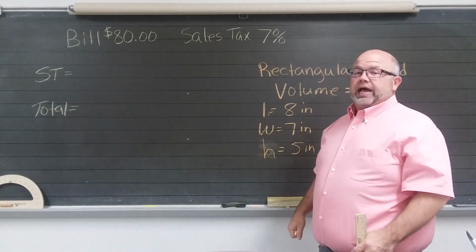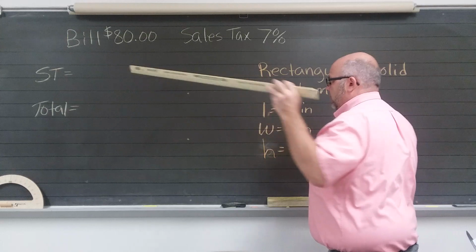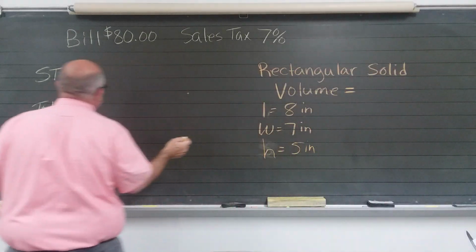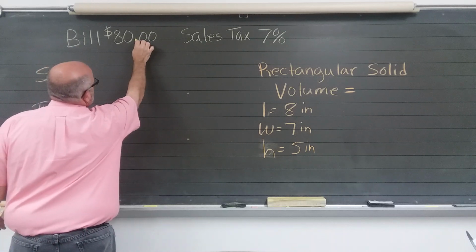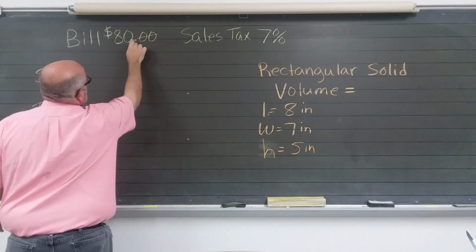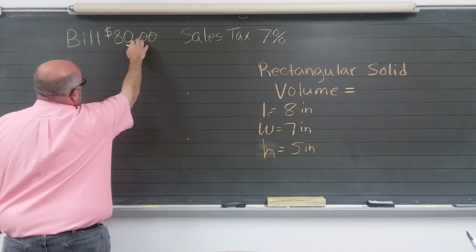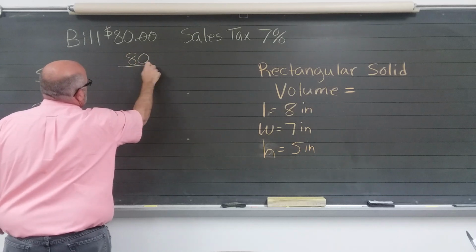I want to know how much the sales tax is and then what my total bill is. All right? And this is how you do it. You work this proportion. 80, you can get rid of these zeros. Okay, you don't need that decimal in those 2 zeros if it's just 2 zeros. If it's 5 cents or something, then you need that. But 80 is your bill. That's 100%.